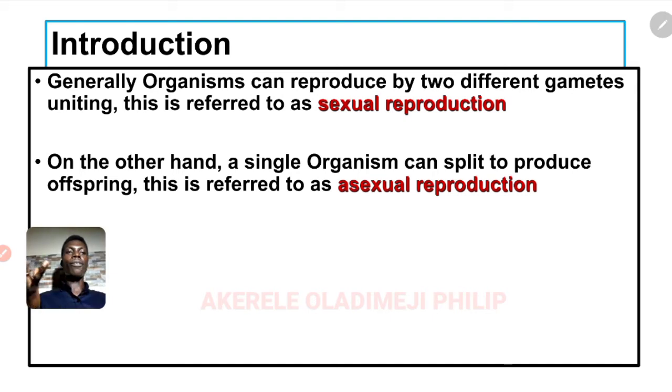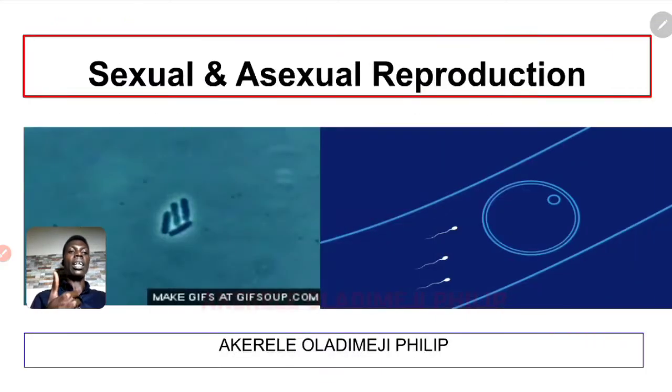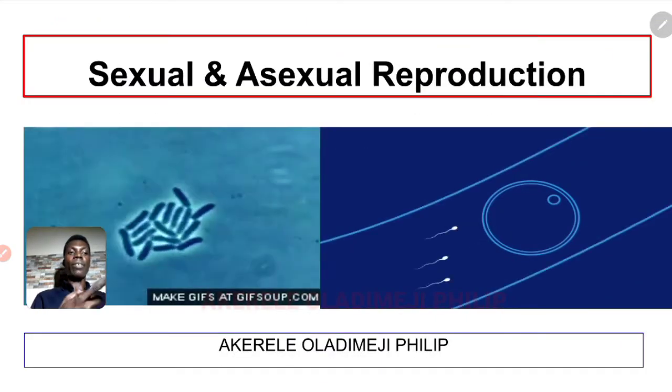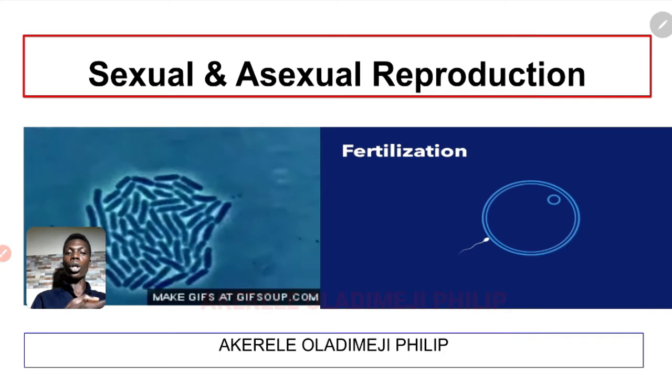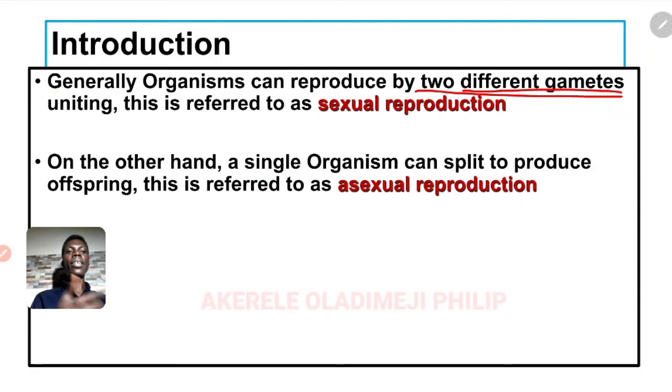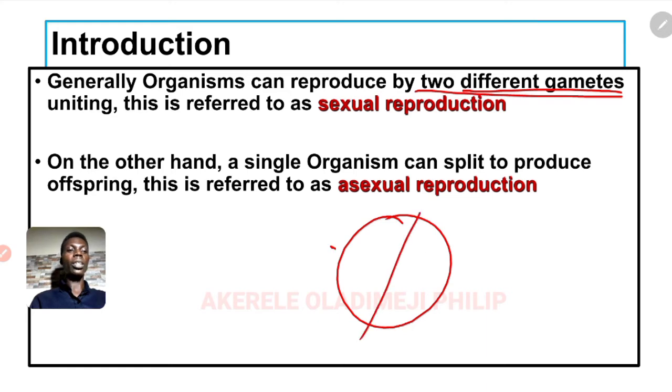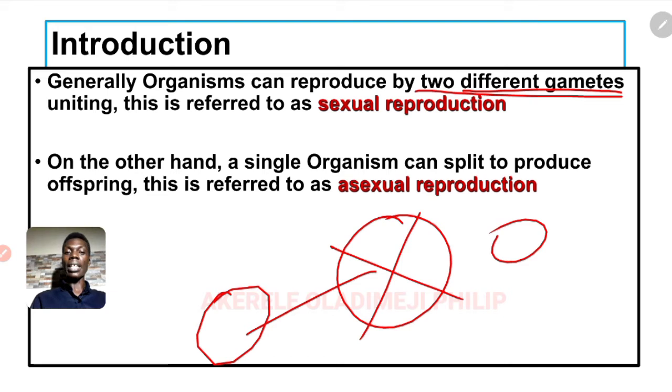However, if this reproduction came about from two different gametes fusing, like we had in the first slide here, the fertilization part, that is sexual reproduction. Then on the other hand, if a single organism such as this splits into different components of itself, that's asexual reproduction.